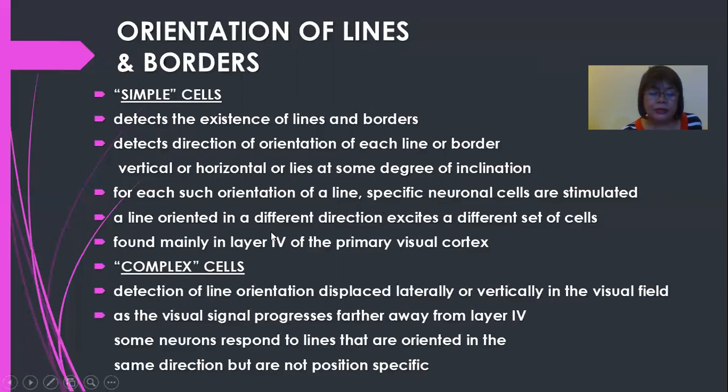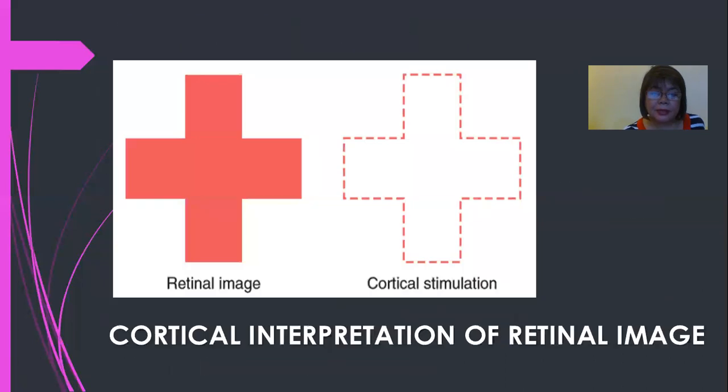A line oriented in a different direction excites a different set of cells, found mainly in layer 4 of the primary cortex, okay? So for example here, this line excites one set of neurons. This line excites another set of neurons. This line, another set of neurons at a different place. So you have spatial differentiation and contrast.